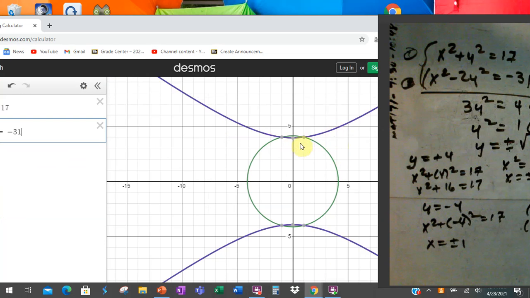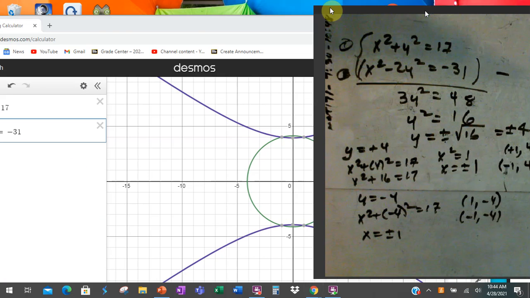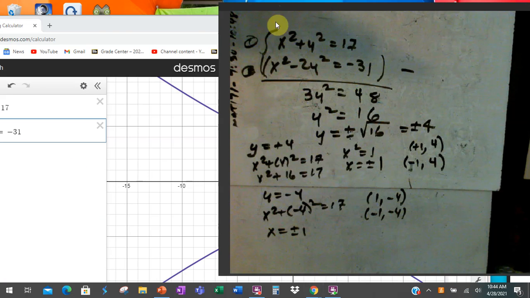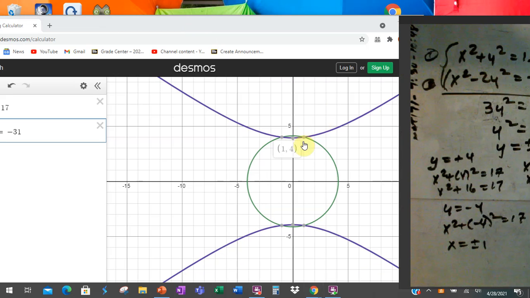Let's see if we can get it built up here. 1, 4, that was one of our solutions. 1, 4, 1, negative 4, minus 1, 4, negative 1, 4, and that's all of our solutions.